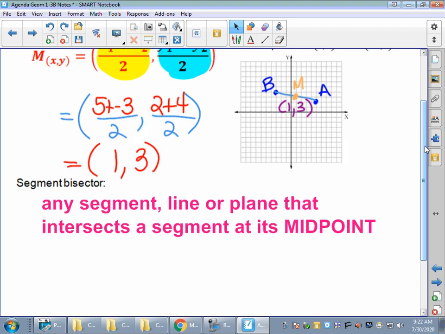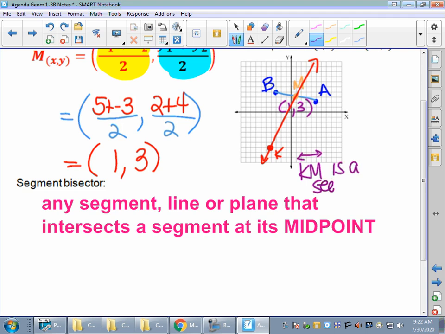If I drew myself a line and put a point K, I could say that line KM is a segment bisector because it bisects AB at its midpoint. So midpoint and segment bisector sort of go hand in hand because you need to know what the midpoint is in order to put a segment bisector in there.